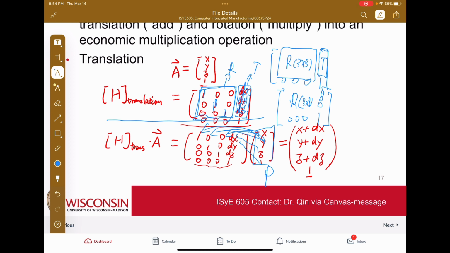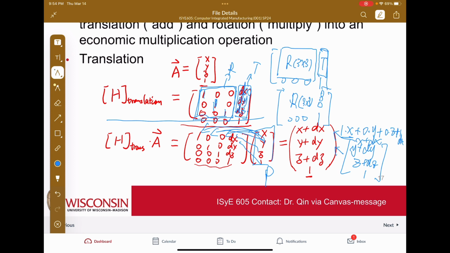In the first row, you get 1x plus 0y plus 0z plus 1 dx, so you get x plus dx. Do the same thing for the second row. You will have y plus dy, z plus dz, and the last is 1.